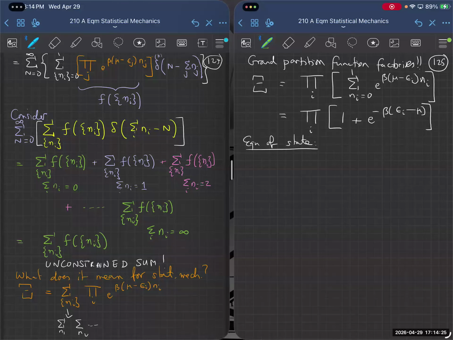I proved that to you last week: PV over KBT, which is what I call the grand potential, is just equal to the logarithm of chi, and so therefore it's the sum over the quantum states of the logarithm of 1 plus e to the minus beta epsilon I minus mu.